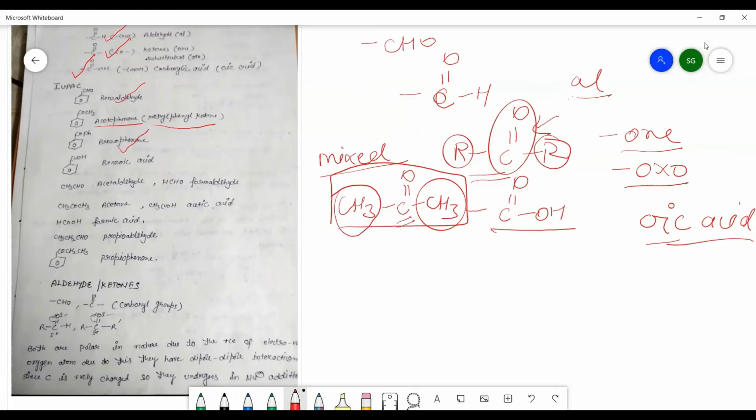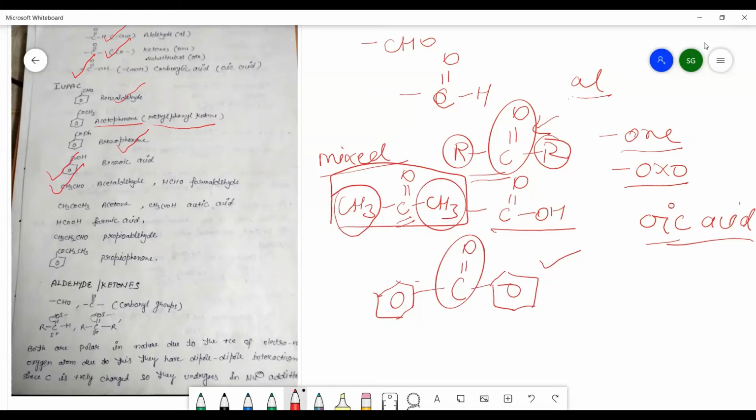Next one is benzophenone, in which the C double bond O is attached to two benzene rings like this. So this carbonyl carbon is sterically hindered by the two phenyl groups. Benzoic acid, you know well, is benzene containing the COOH group. Acetaldehyde has the CH3CHO group.